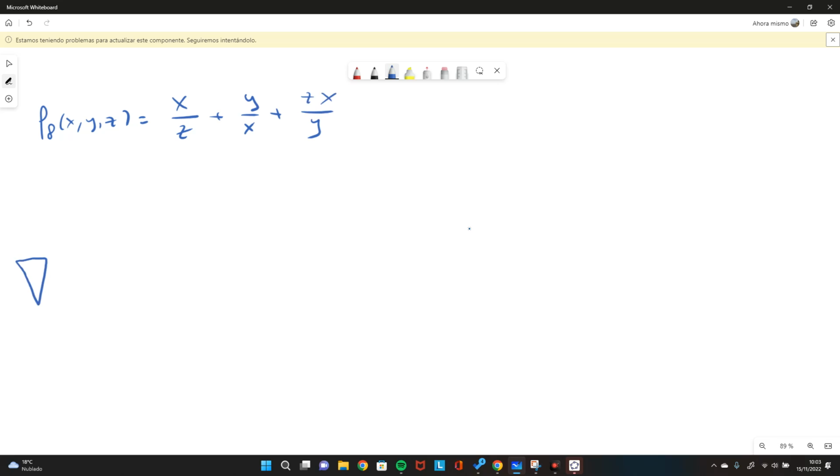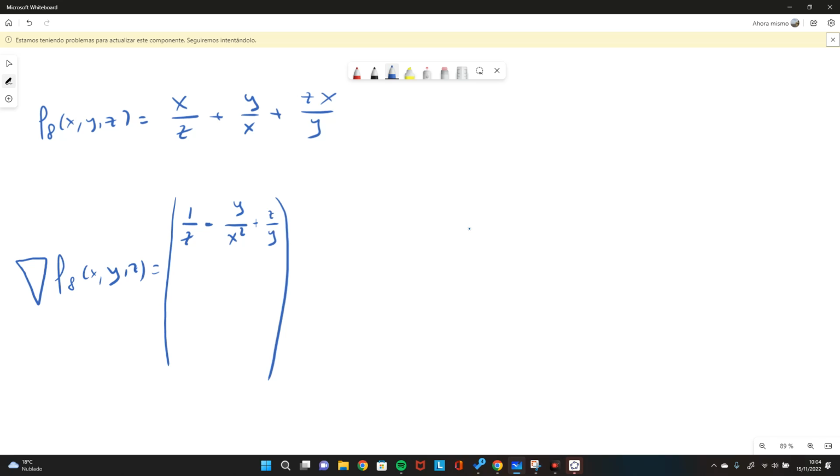The gradient of f with respect to x, y, z is actually this one, which with respect to x is 1 divided by z, minus y divided by x squared, and z divided by y.